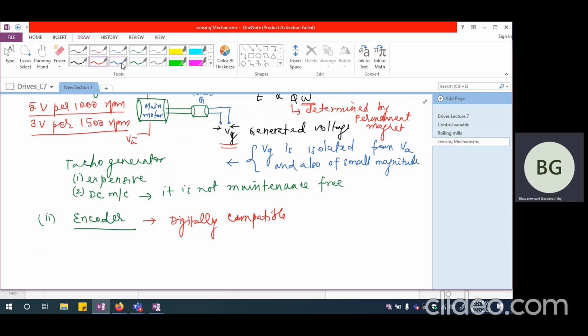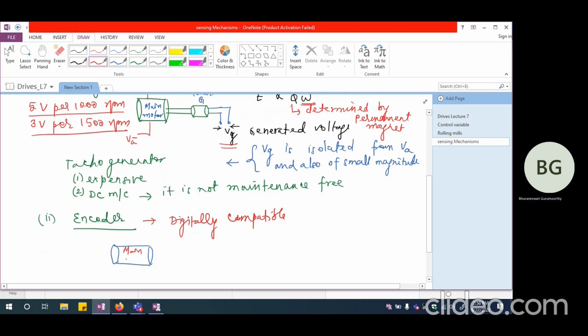So what is an encoder? In an encoder, if I'm going to have the motor again sitting here, this is my main motor. And here is the shaft that is coming out of the main motor.